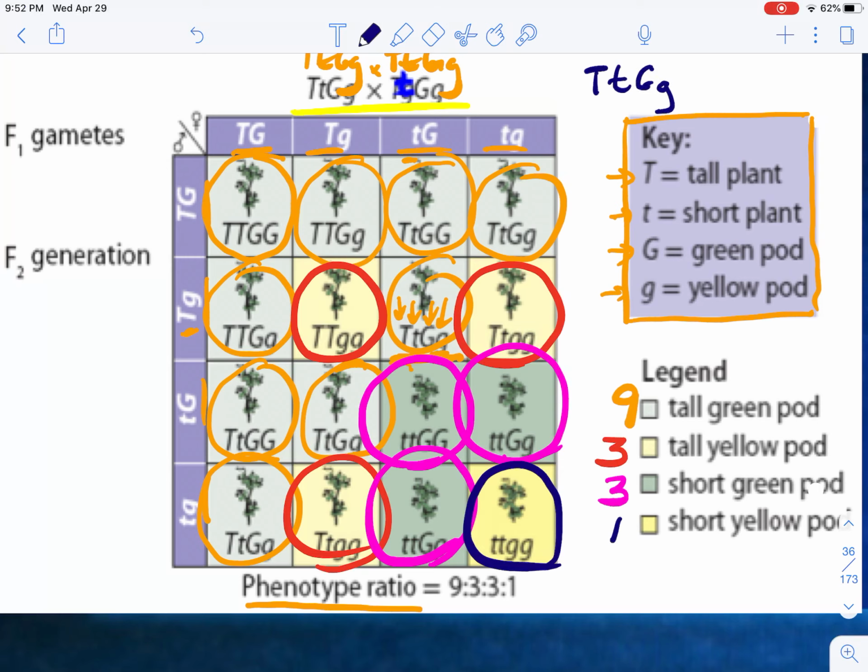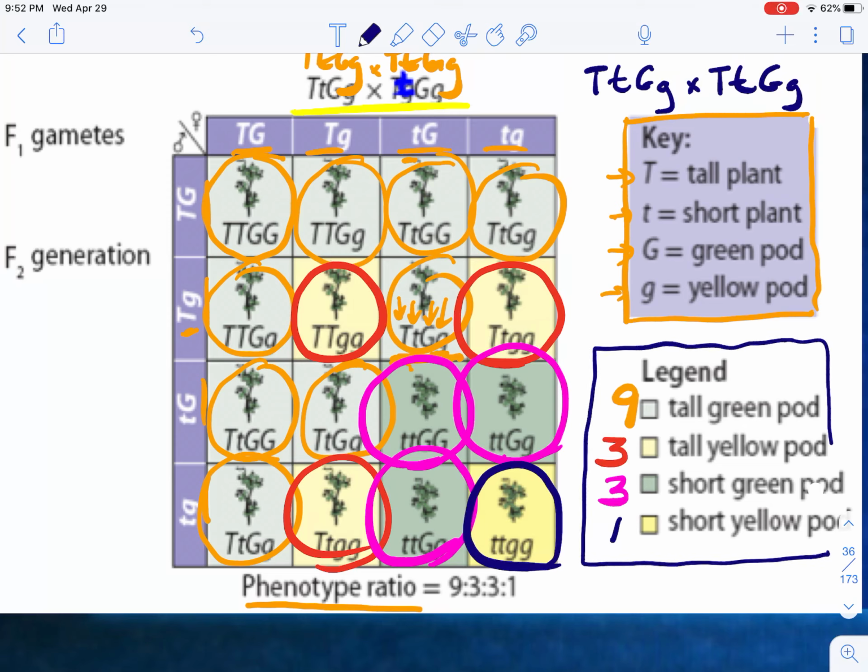And so what you're going to see here is whenever you are crossing 2 parents that are heterozygous for both of their traits, it's kind of a trick when you're doing crosses, but it will always be this phenotypic ratio.